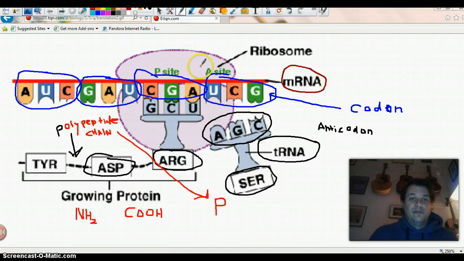mRNA comes through into the fold between the upper and lower part of the ribosome. As it's passing through, the codons, or 3 base pairs, are read by the ribosomal RNA, or rRNA, of the ribosome. It is then attracted chemically to a 3 base anticodon triplet pair here, that in turn is brought into the ribosome by the tRNA, or transfer RNA.